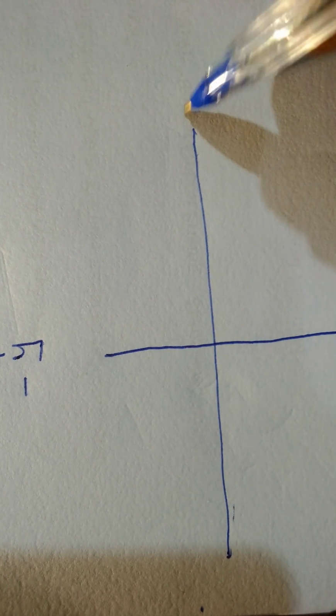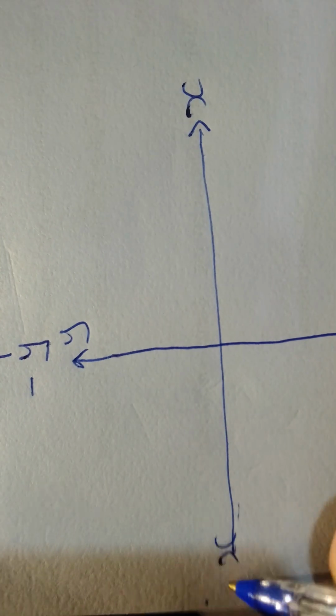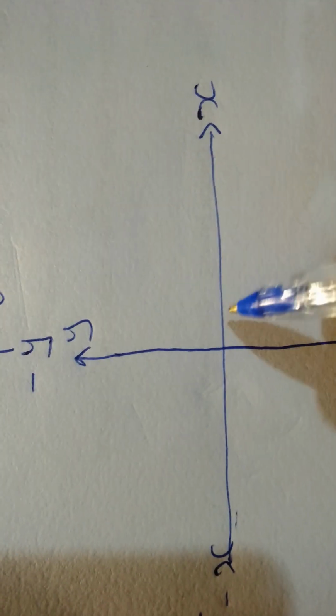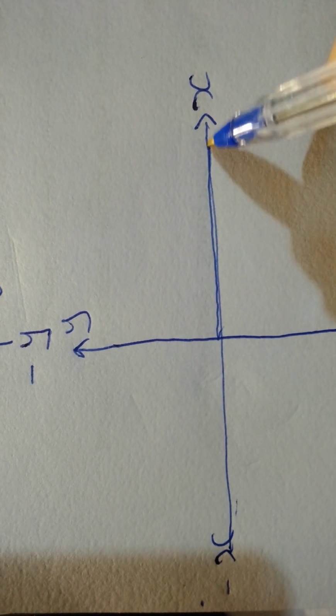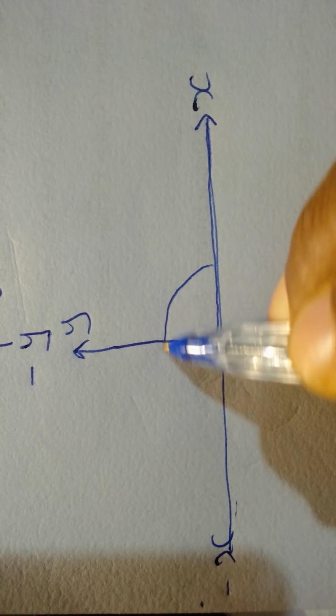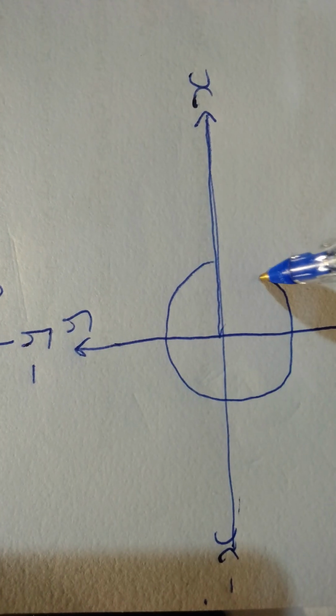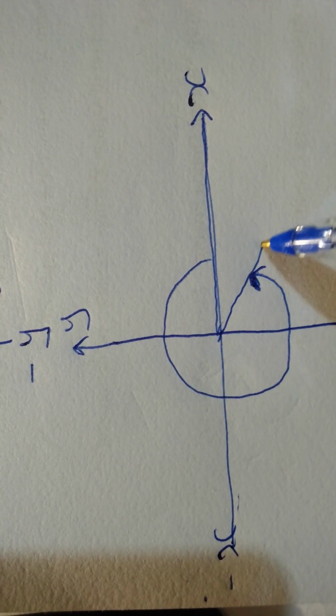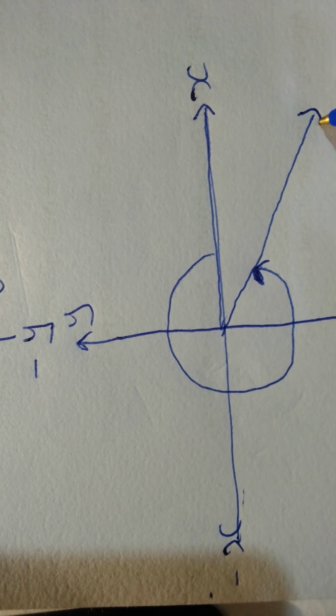And finally, the fourth quadrant. Here is the x-axis, positive x-axis, positive y, negative x, negative y. This initial side again rotates and terminates here in the fourth quadrant. So this is the terminal side.